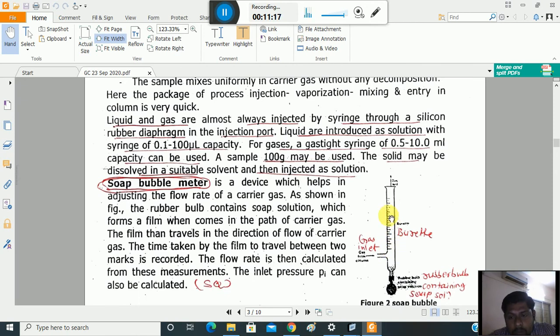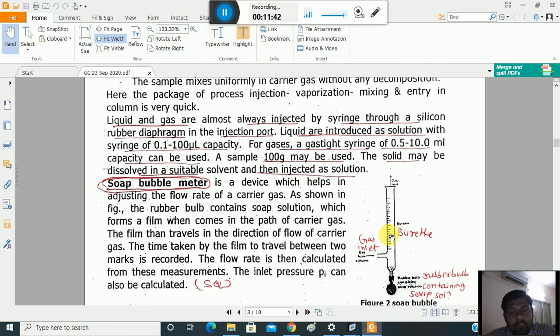And between any 2 points already marked on that burette, you start your stopwatch and record the time taken by that thin film to travel between those 2 points of the burette.